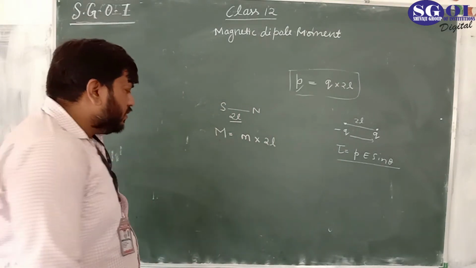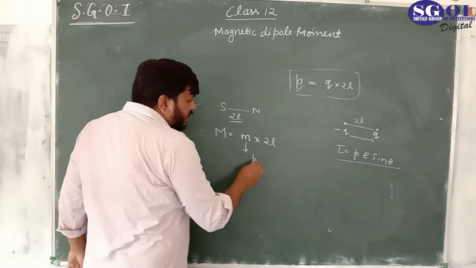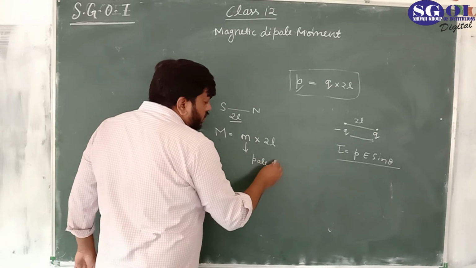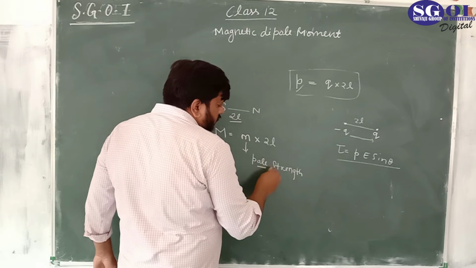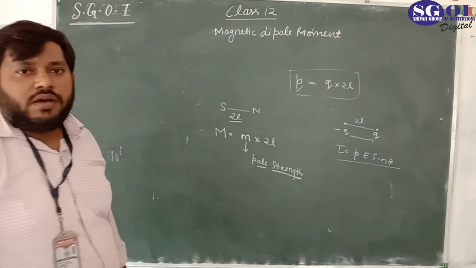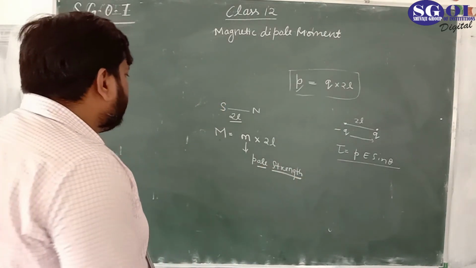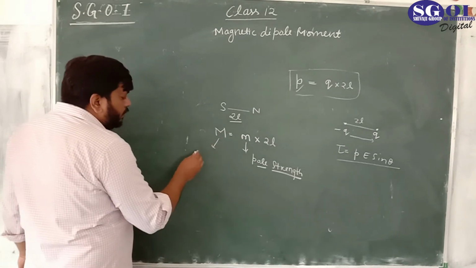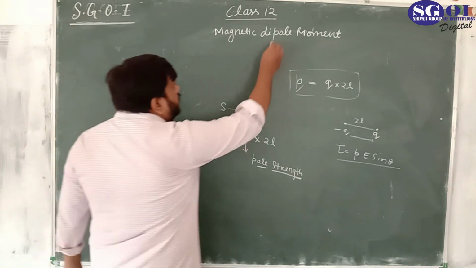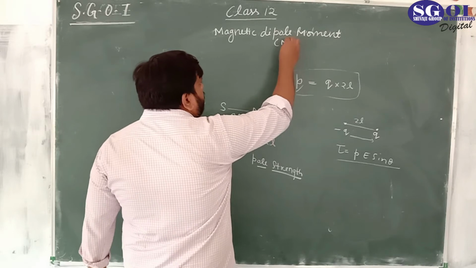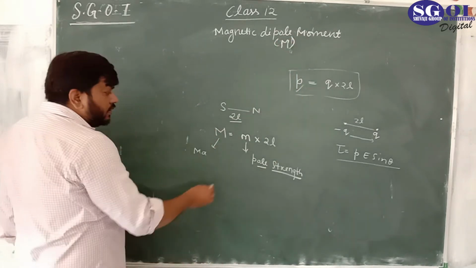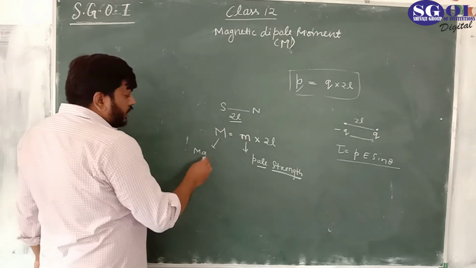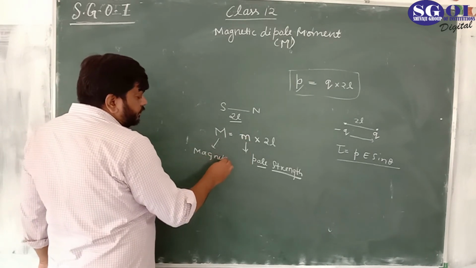What is small m? It is the pole strength, and capital M is the dipole moment, the magnetic dipole moment.